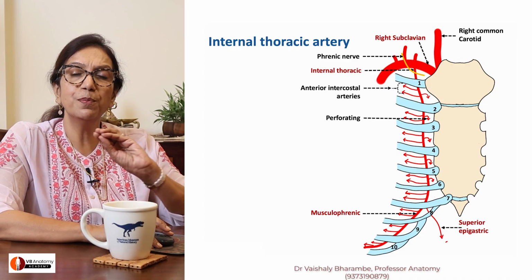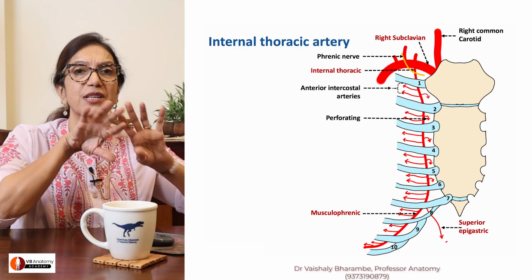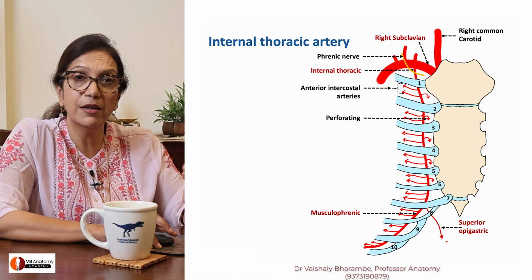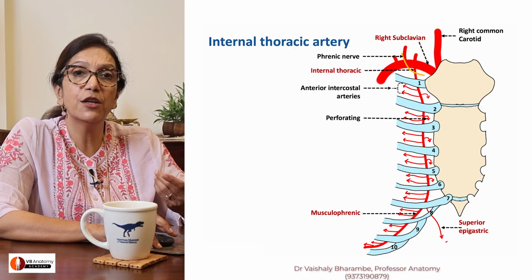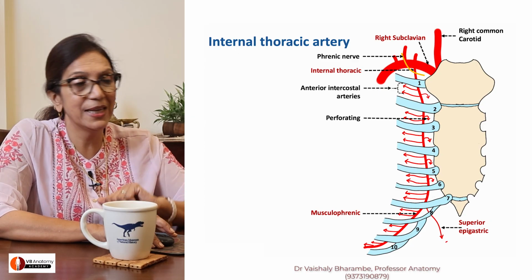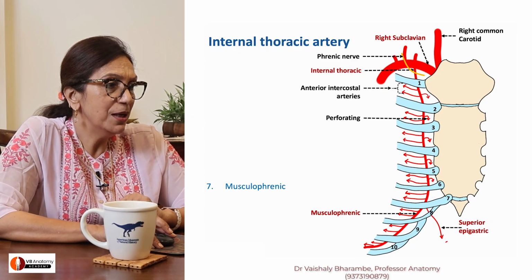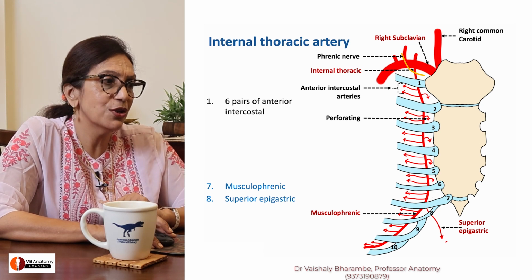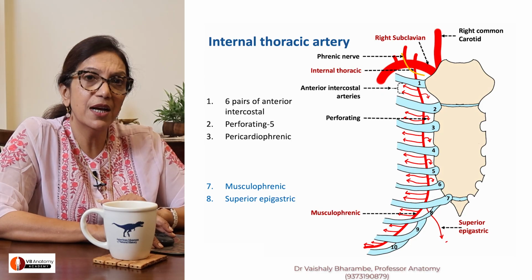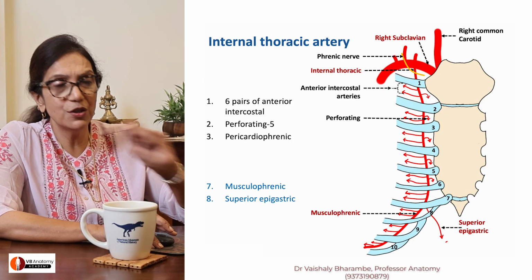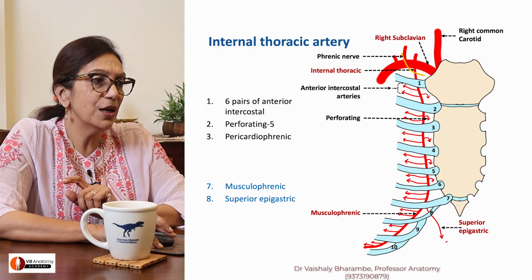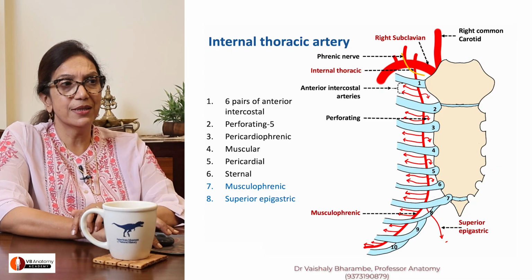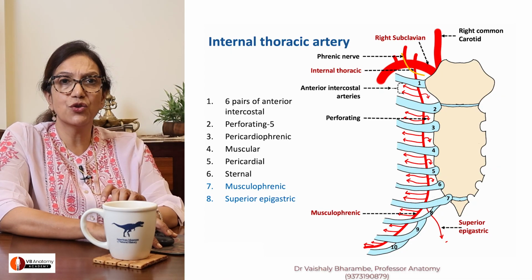It also gives rise to perforating branches which perforate the chest wall and supply the skin above, some of which become enlarged, the 2nd, 3rd and 4th, to supply the mammary gland. So the terminal branches are musculophrenic and superior epigastric, 6 pairs of anterior intercostal arteries, 5 perforating arteries. It also gives rise to branches which are not seen in the image, like pericardiacophrenic, muscular, pericardial, and the sternal branches. So this is your internal thoracic artery.